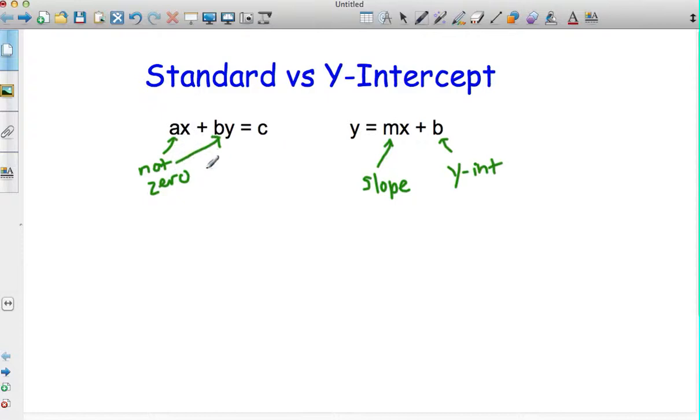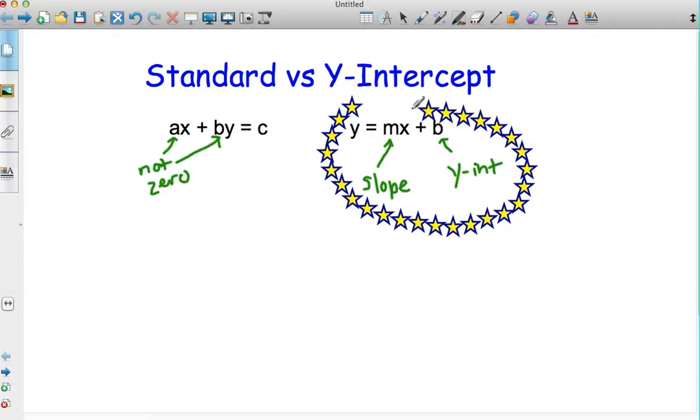Standard form is much easier to work with than y-intercept form when we start solving some of these equations together. In terms of graphing, and wanting to put a graph on paper, the best form to do that is going to be the y-intercept form.